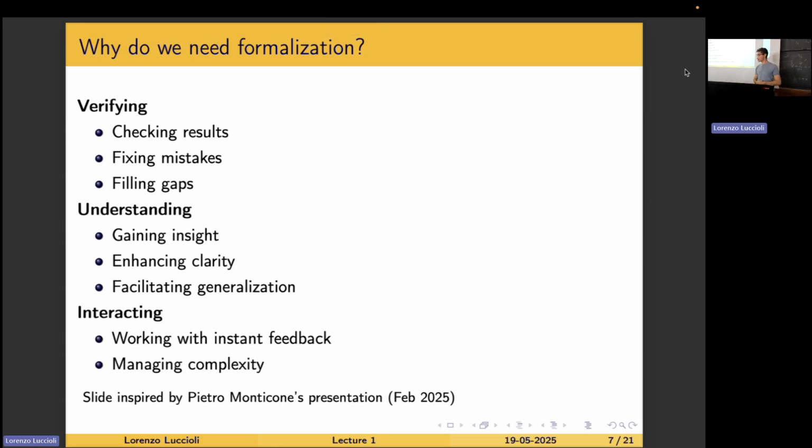Lean also helps us to manage complex mathematical objects because it keeps track for us of all the variables, all the theorems, all the hypotheses that are needed. So it helps us to manage complexity and we can work with real-time feedback.